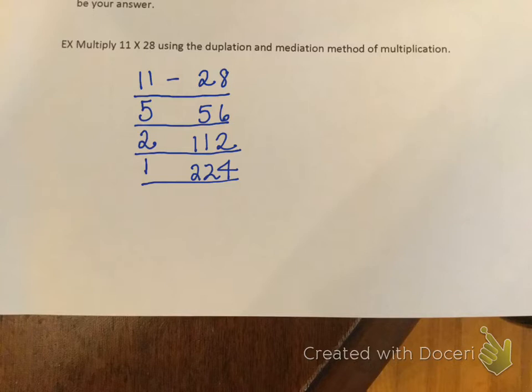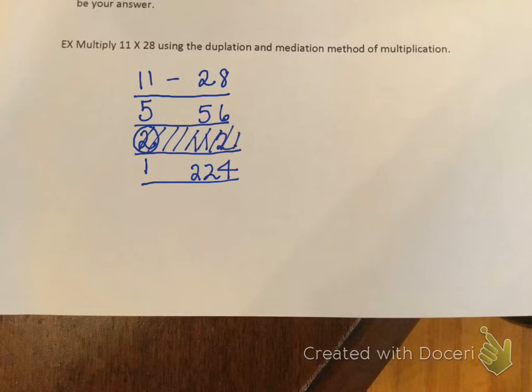Okay, now you're almost done with this. You have to find any even numbers. If I look through the left-hand column, I find a 2, which is an even number, and I'm going to strike out the entire row.